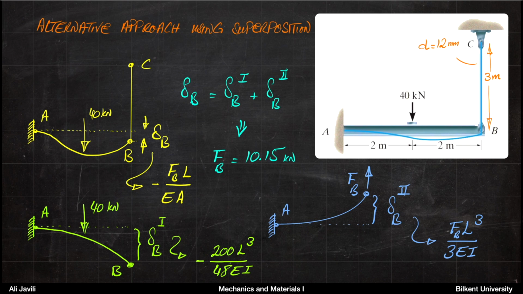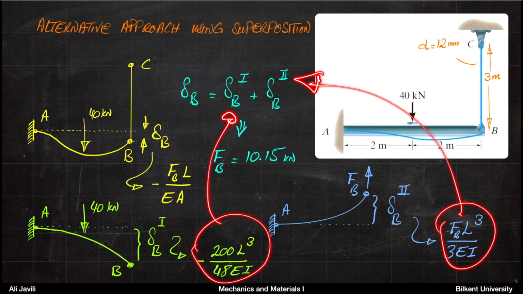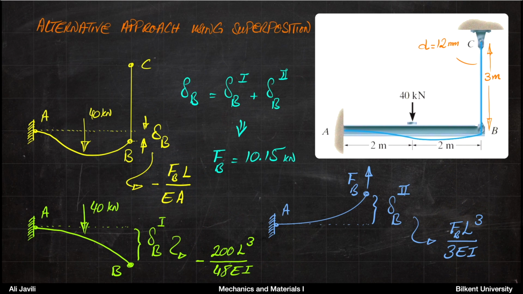Obviously, I'm not showing you the calculations, but it's very simple. All you have to do is insert these values into this equation. All right, now you can see that for this particular problem, using the principle of superposition is significantly helpful to analyze a statically indeterminate system.